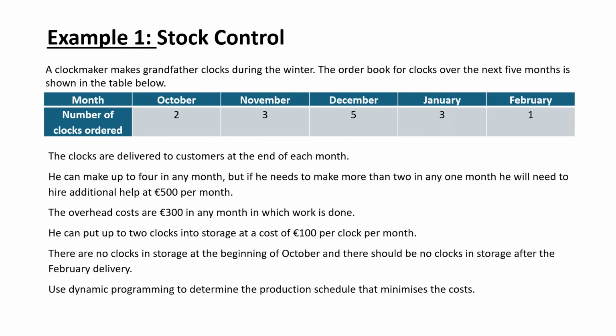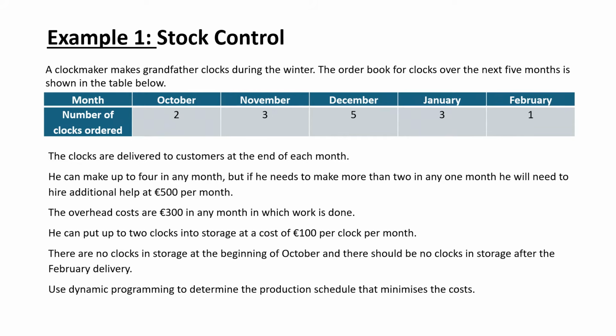Example number 1 is a stock control problem. A clockmaker makes grandfather clocks during winter. The order book for clocks over the next 5 months is shown in the table below. So we have October, November, December, January, and February. And then we have some little bits of information underneath: the clocks are delivered to customers at the end of each month. He can make up to 4 in any month, but if he needs to make more than 2 in any one month, he will need to hire additional help at €500 per month.